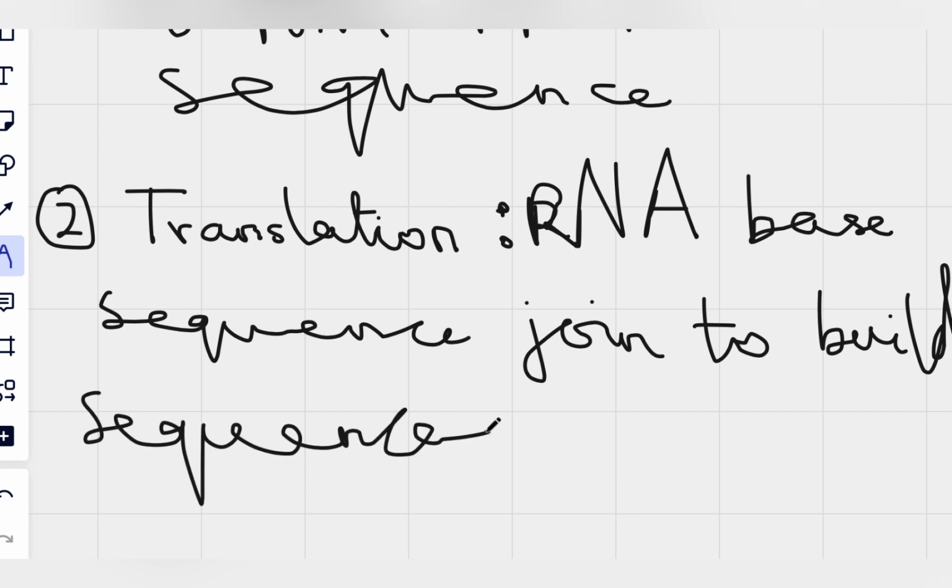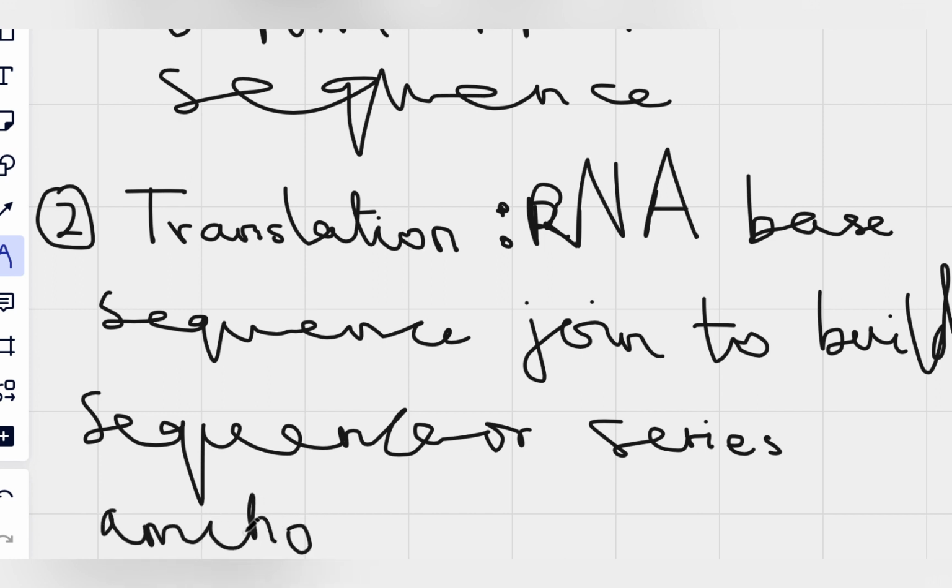A series of amino acids that will join together to form the protein.